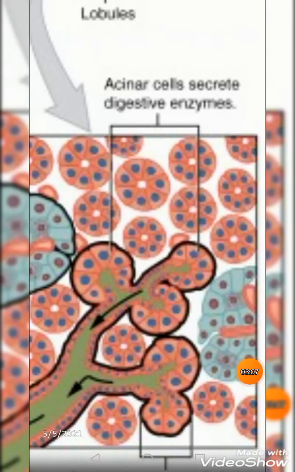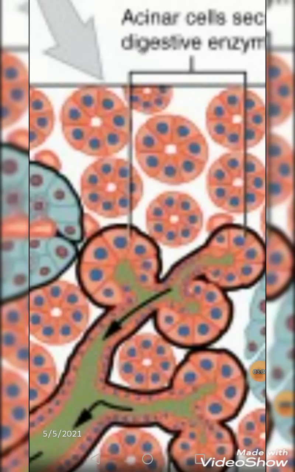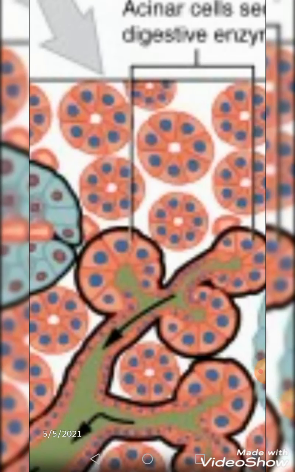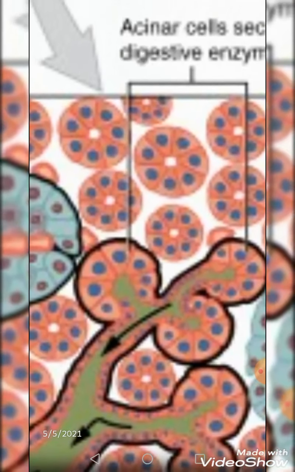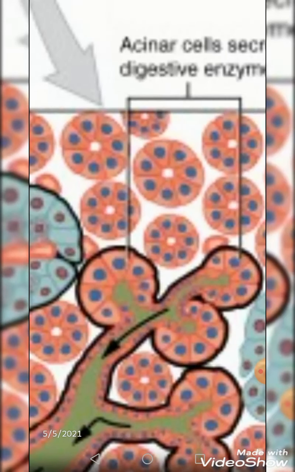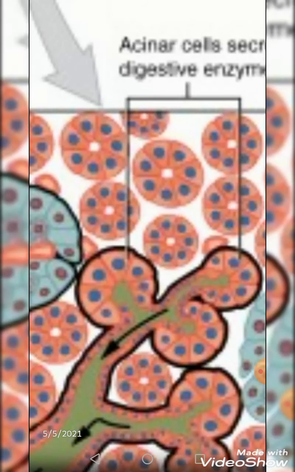Now you can concentrate on the individual pyramidal shaped cell of the acini. They have a central rounded nucleus with one or two prominent nucleoli, and the basal region of this pyramidal shaped cell of the acini is basophilic stained. The reason is that it has a well developed Golgi apparatus along with a large amount of rough endoplasmic reticulum, and the Golgi apparatus rests in the supranuclear region, right?